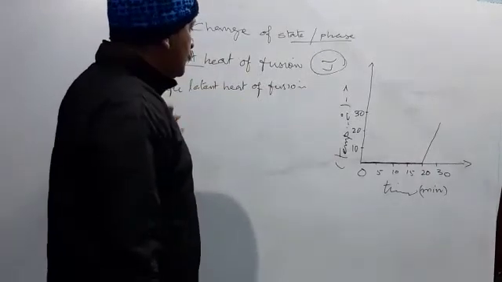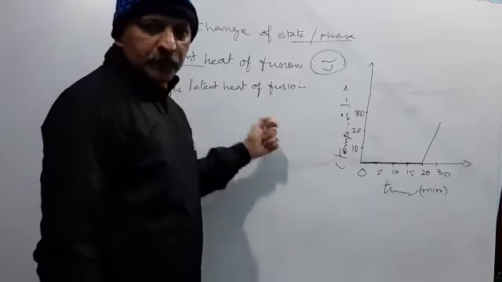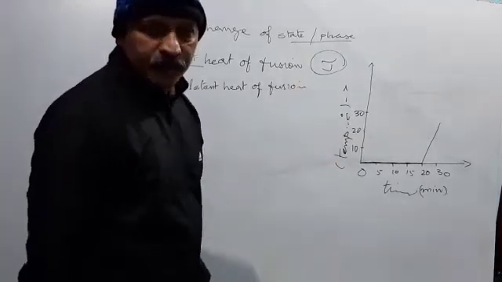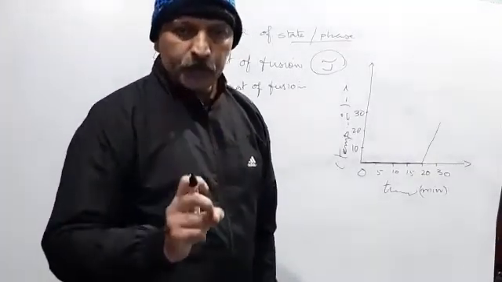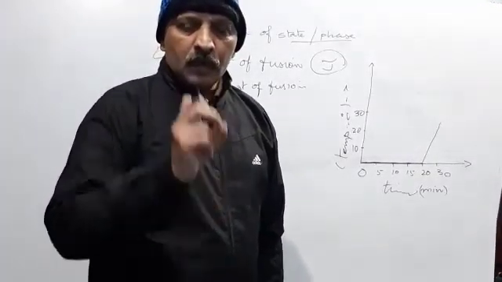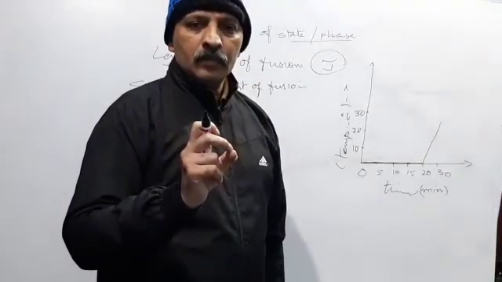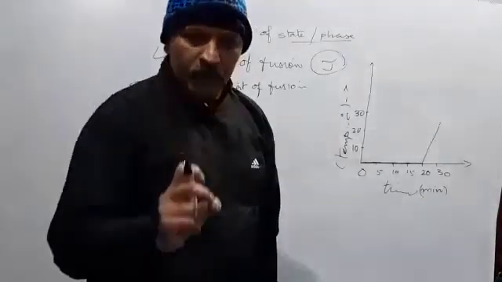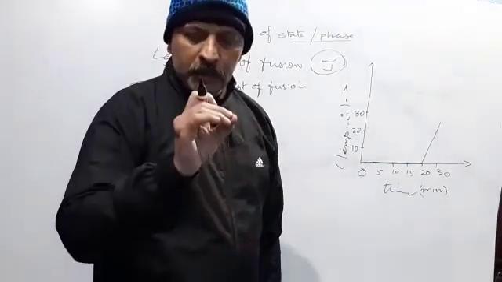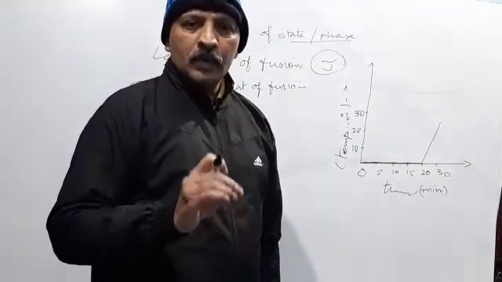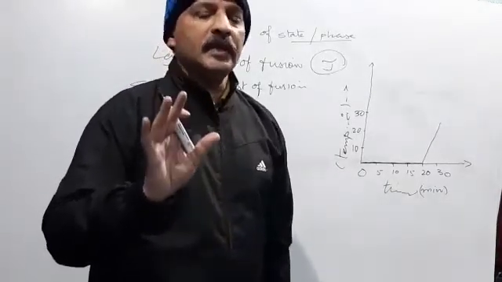But on the other hand, specific latent heat of a substance is the amount of heat energy required to convert unit mass of a given solid at its melting point into liquid completely without any change in temperature.